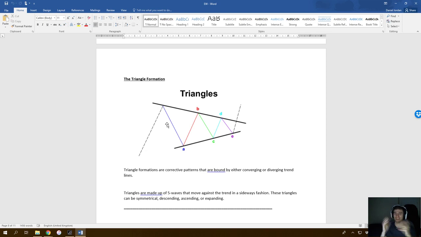I hope you like my hands here trying to explain this. It'd be easier if I'd drawn it, but now it's too late. So these triangle patterns can form into several different triangles. You're not just going to see a triangle like this, you could see a symmetrical, a descending, an ascending, or an expanding one. But that is the triangle formation to keep an eye on.